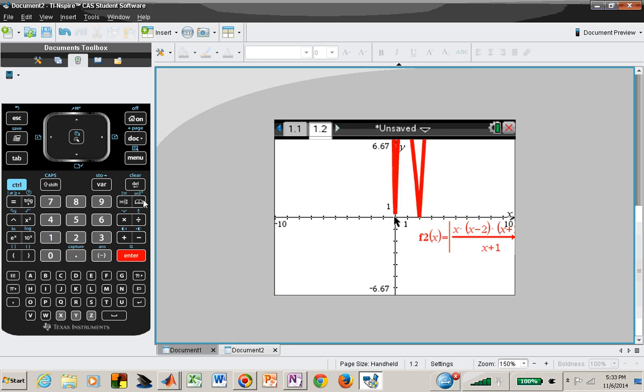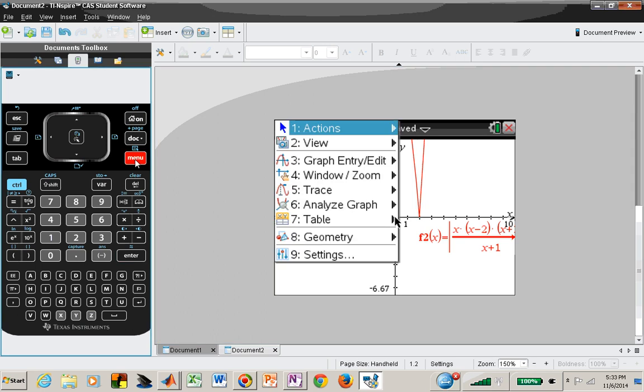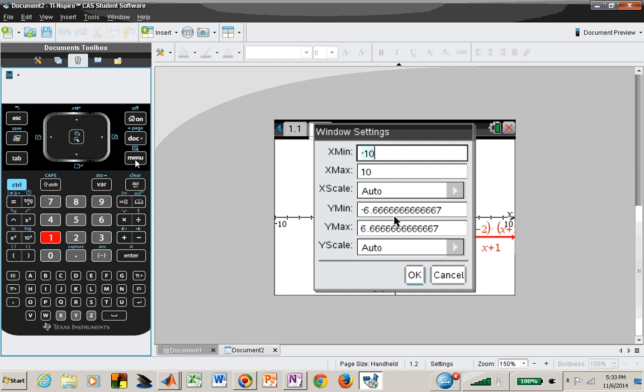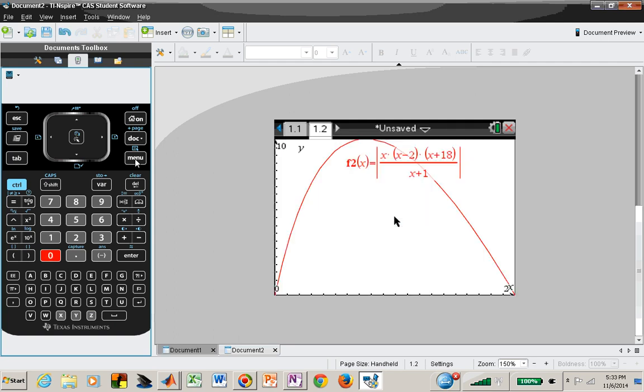Now I can go to the window, so that's number 4, and window settings. Let me go ahead and just make sure my breakaway is between 0 and 2. And it looks like that is giving me what I wanted.